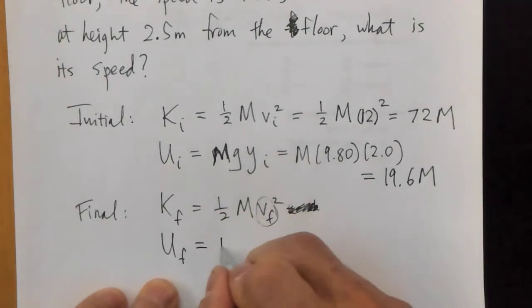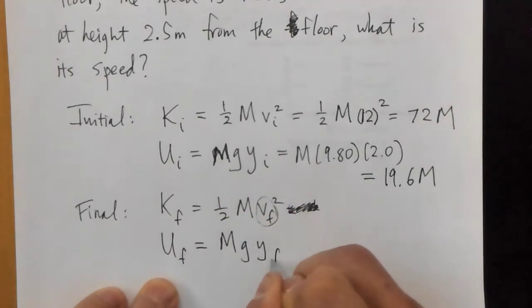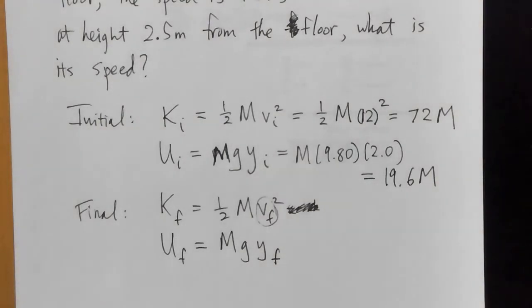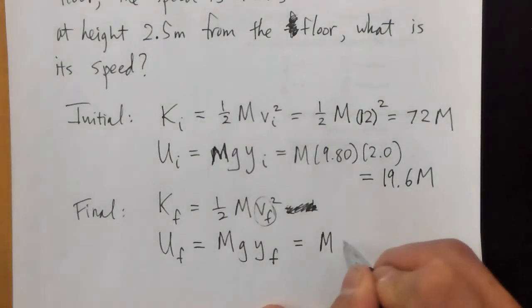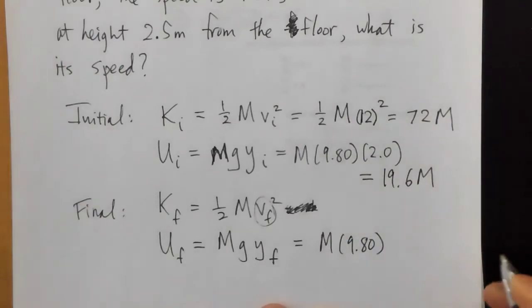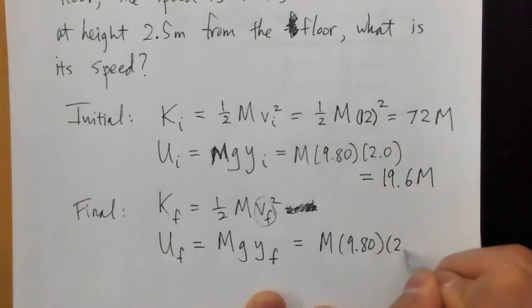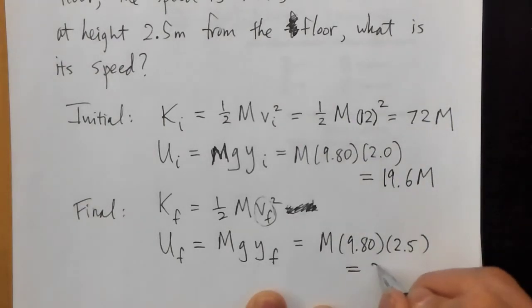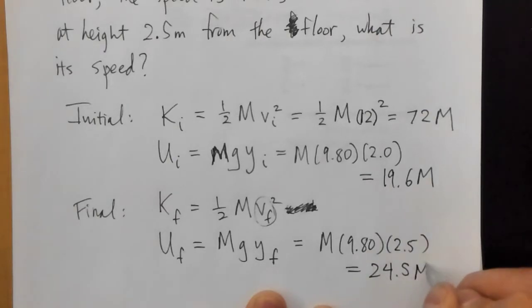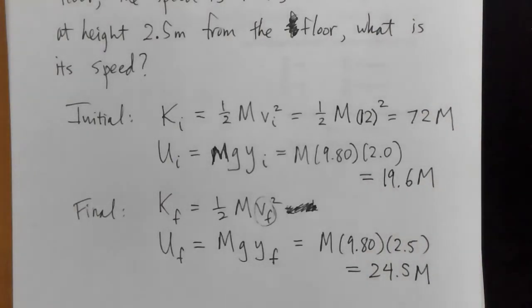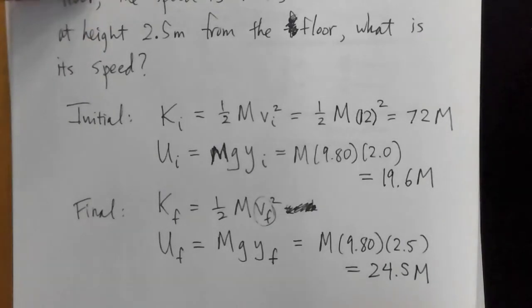So U final is M times g times y, but since it's final, I'll call it y sub f. Okay. Is everybody following? I'm just using the formulas for kinetic energy and potential energy. So we have M times 9.80 times the final height, which is 2.5. And so we get, that's about 24.5 times M. All right. Is everybody with me still?